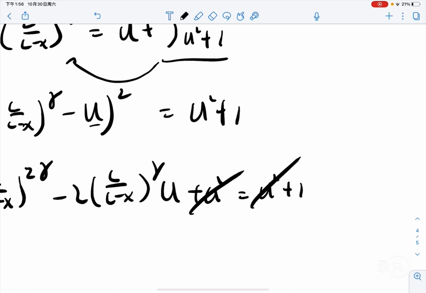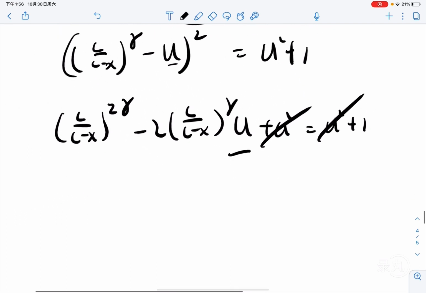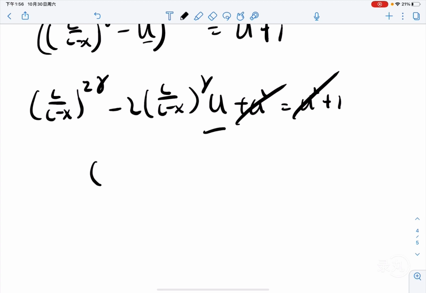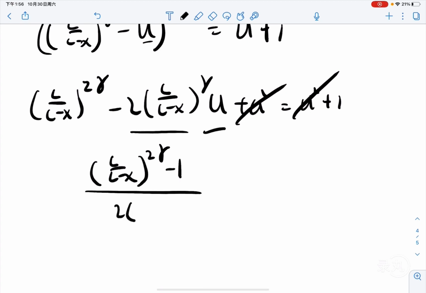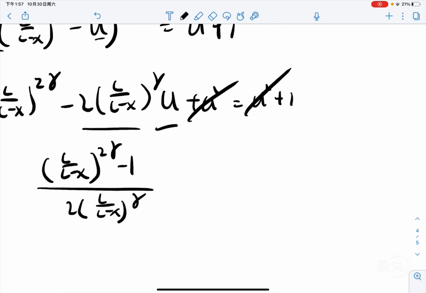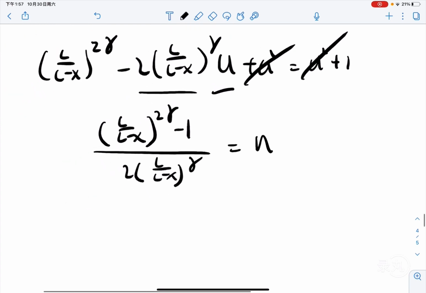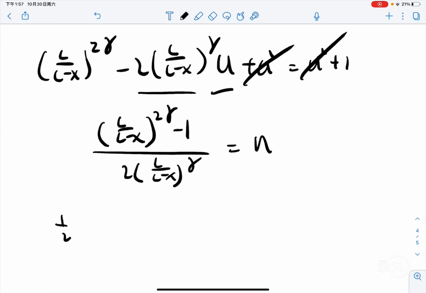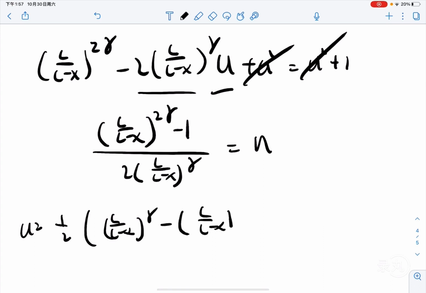So basically this cancels out and leaves u to be L minus x to the 2 gamma minus 1, divided by this term, which is 2 L minus x to the gamma. If we simplify, u is equal to 1/2 of L minus x to the gamma, minus L minus x to the negative gamma.